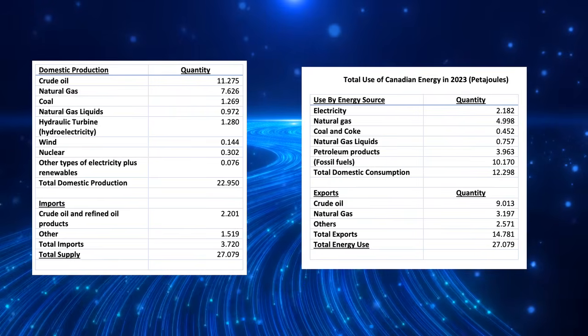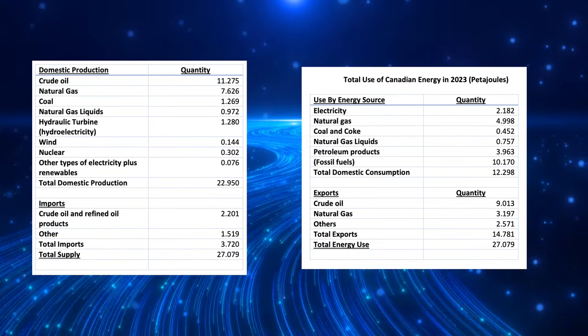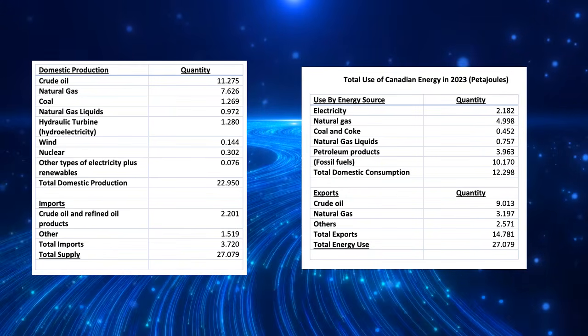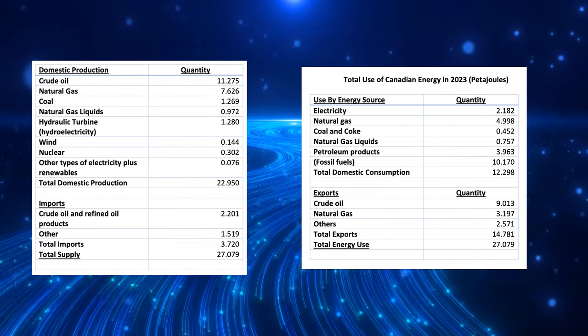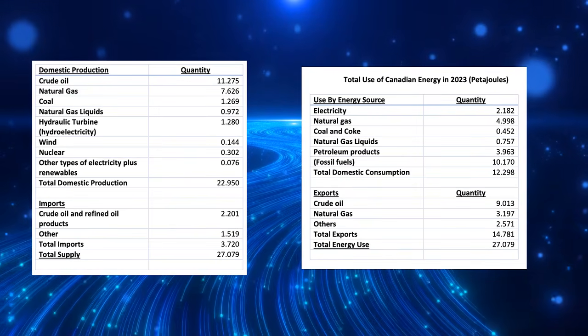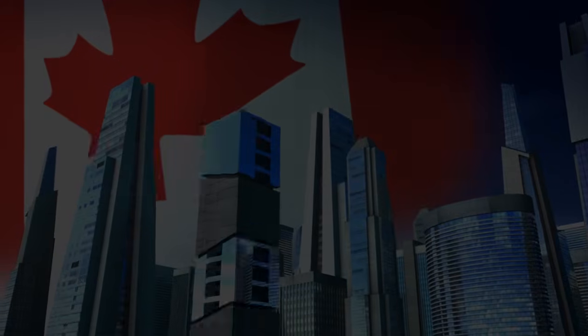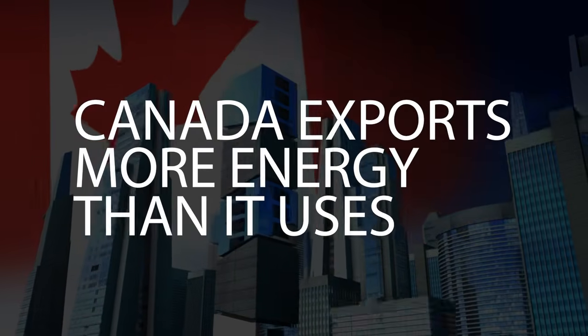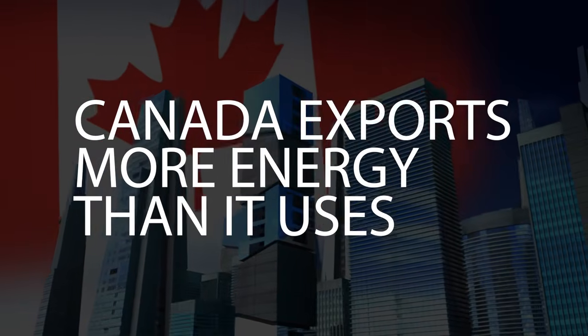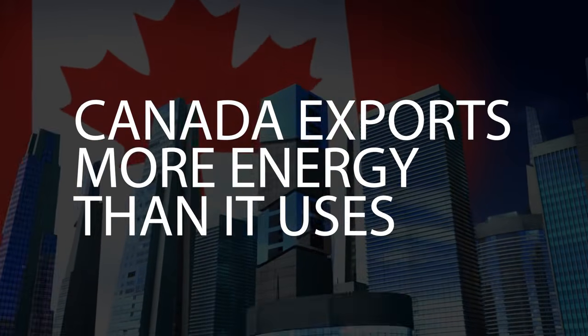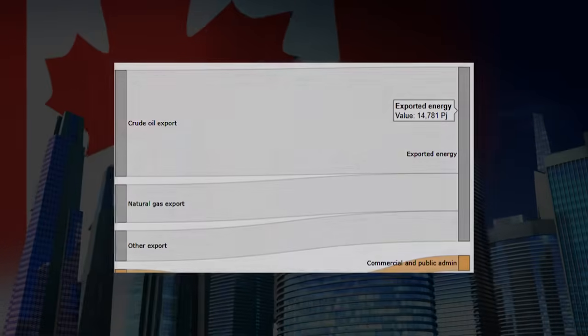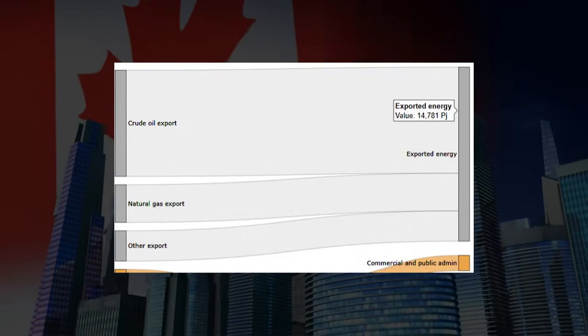He says, the portrayal of Canadian energy sources and uses this way offers some insights that are different from those generally conveyed in public and media discussions. Canada exports more energy than it uses. This is especially the case with crude oil, where 80% of production is exported.